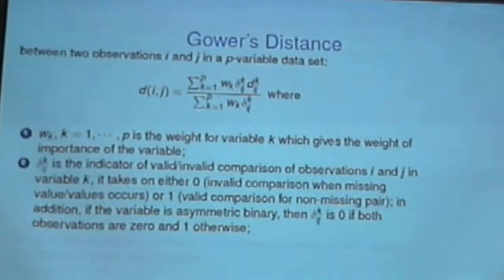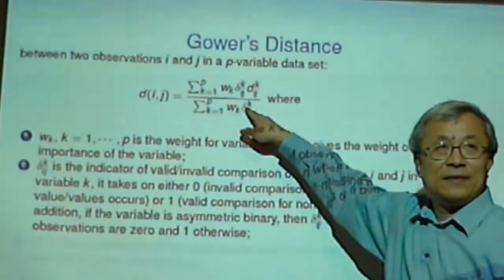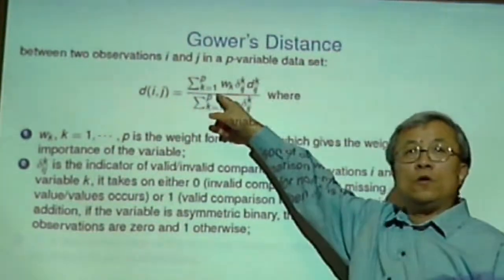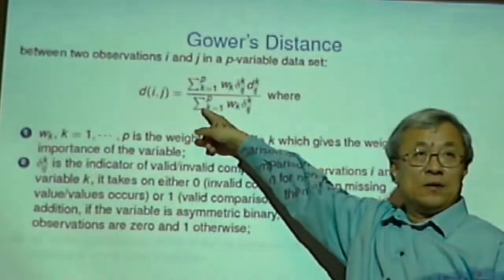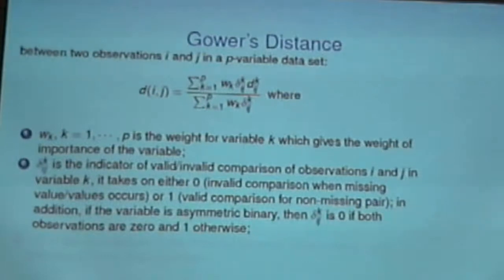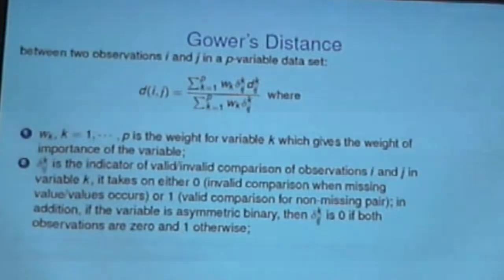Because some of these terms are going to be 0 anyway. So basically you only sum over all the variables k where this delta_ijk is not equal to 0, where they're 1. So basically the weighted average will remain. Okay, so that's the term.